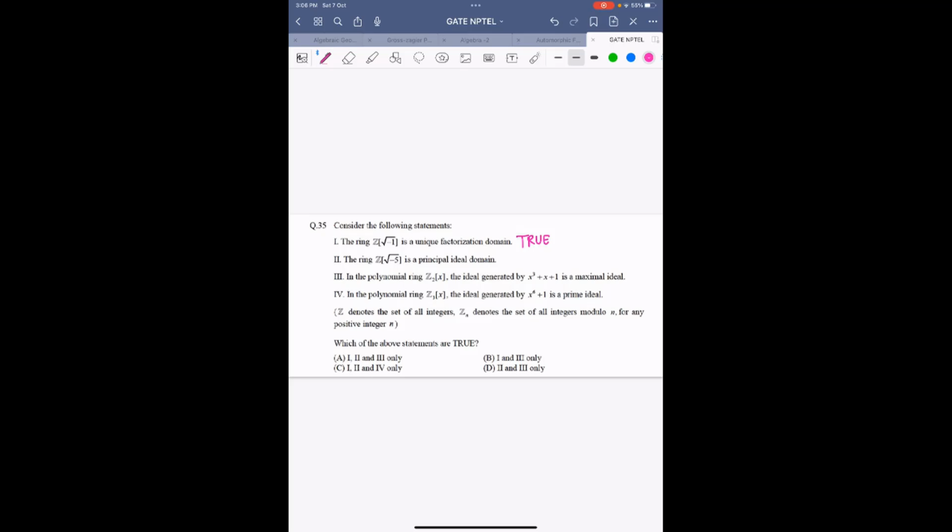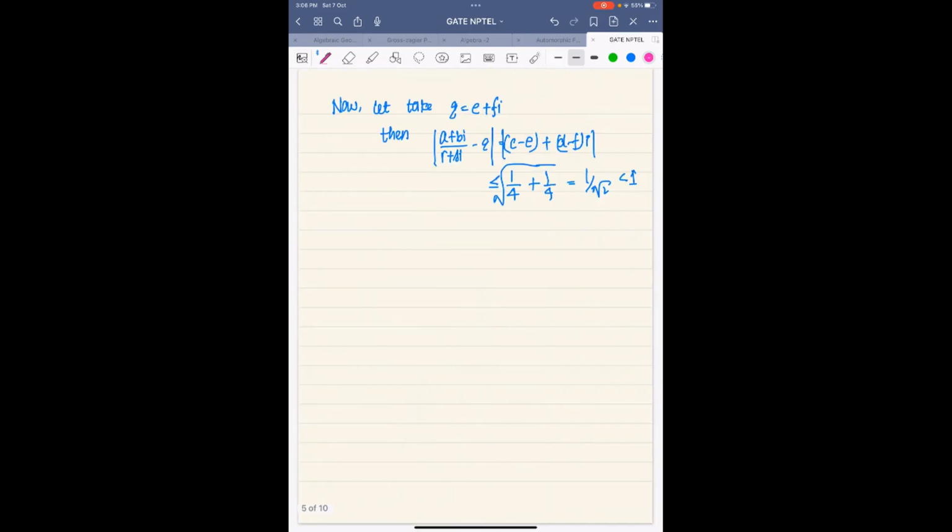The second statement is that the ring Z adjoint square root of minus 5 is a PID.